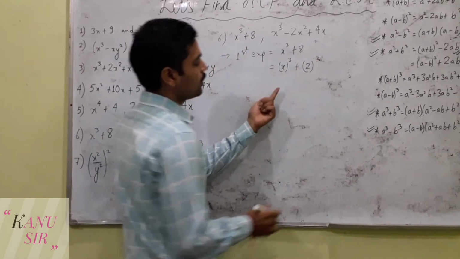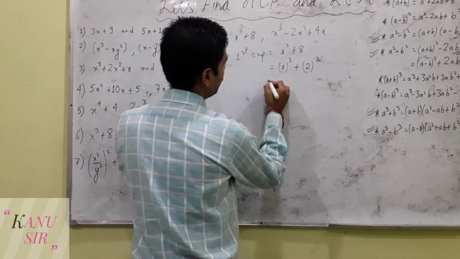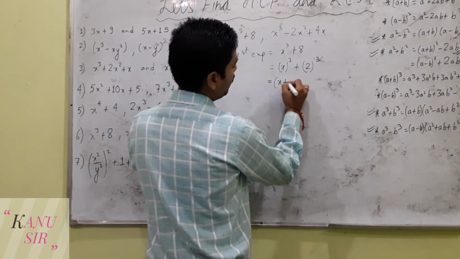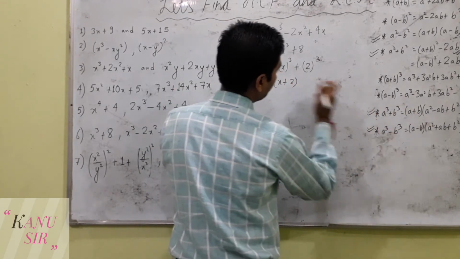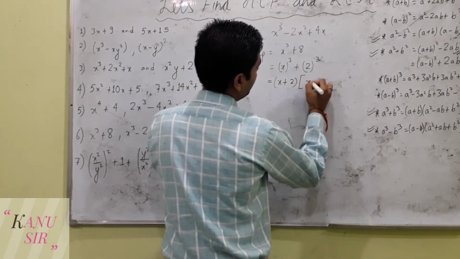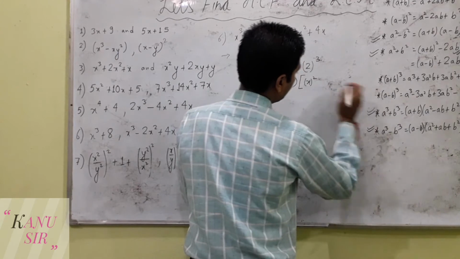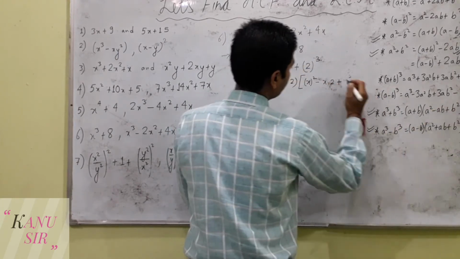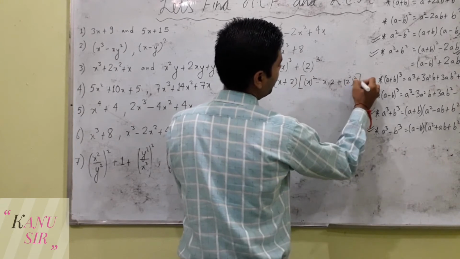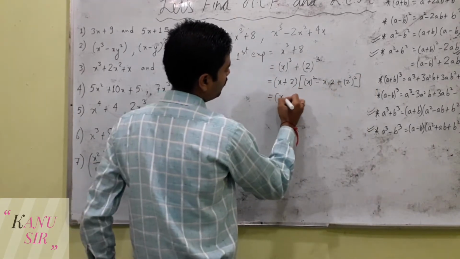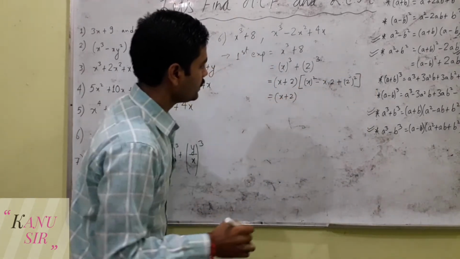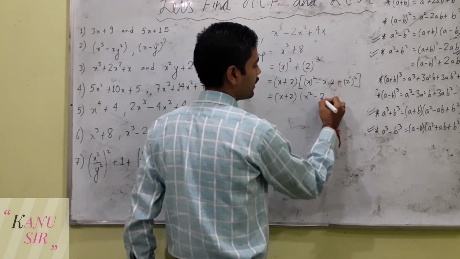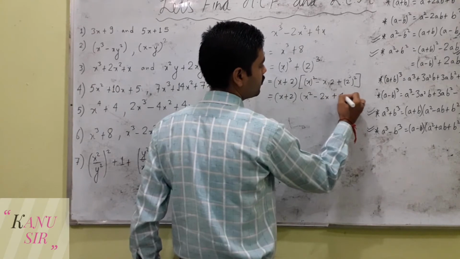Now they look like a cube plus b cube. We have to put them in the formula, a plus b and a square minus ab plus b square. Then here we will find the square of x is x square, minus 2x, plus the square of 2 is 4.